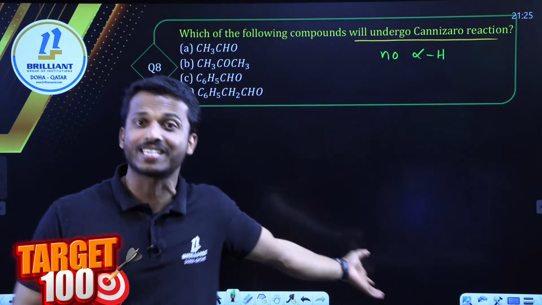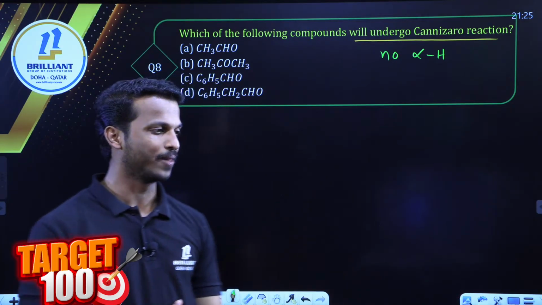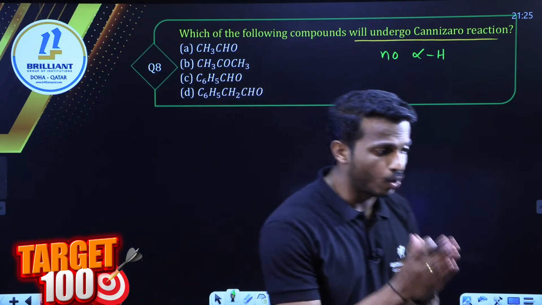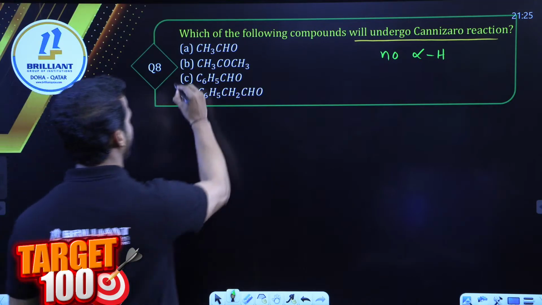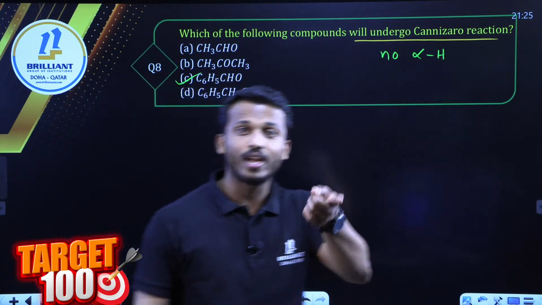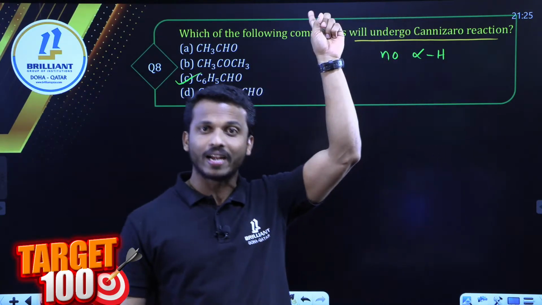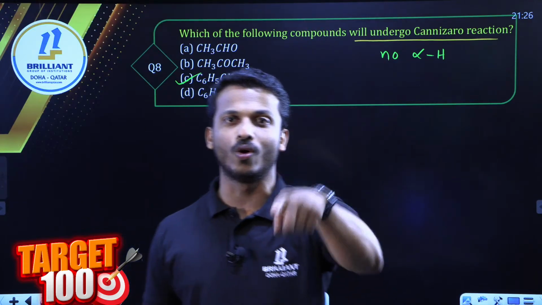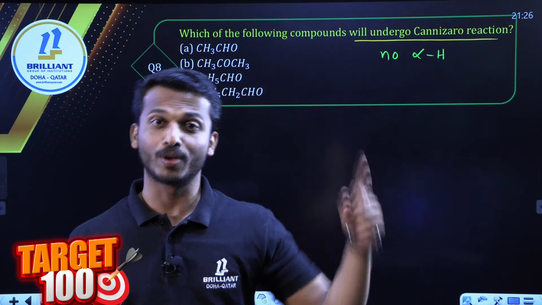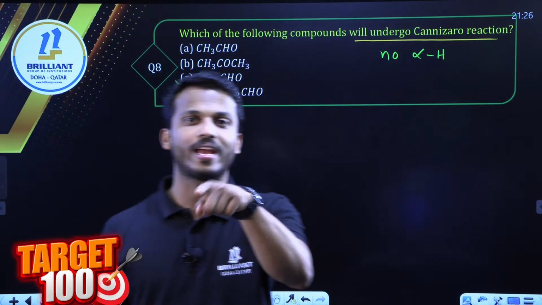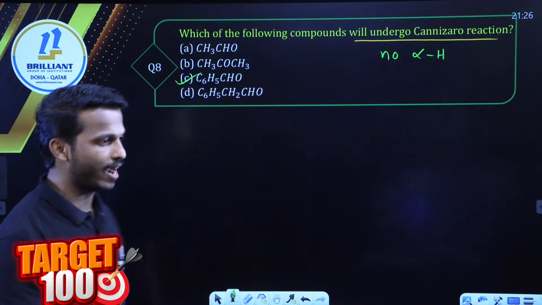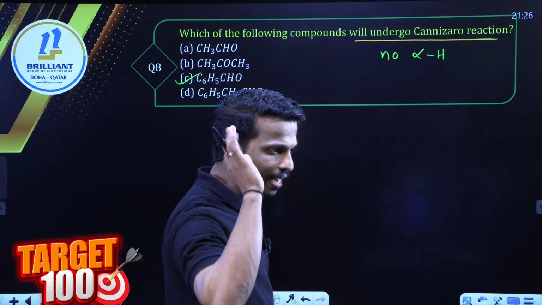That we already discussed in the previous question, dear all. That is benzaldehyde. Benzaldehyde does not undergo aldol condensation, but it can undergo Cannizzaro reaction. Because aldol condensation requires an alpha hydrogen, Cannizzaro reaction requires no alpha hydrogen. Right? Option C is the correct answer.